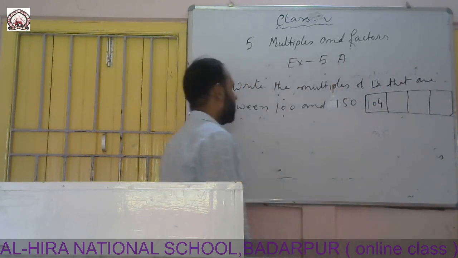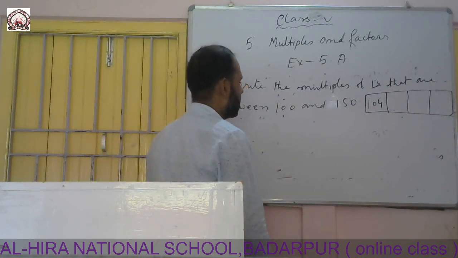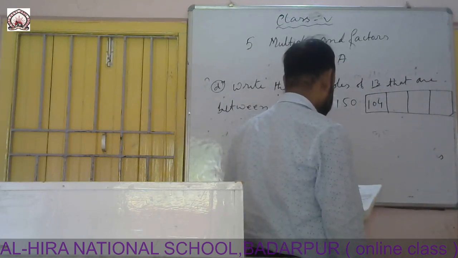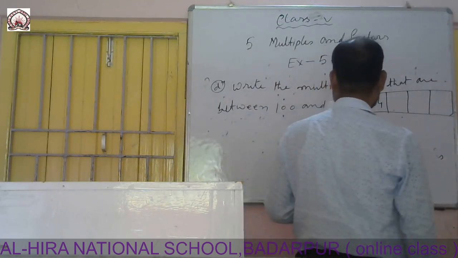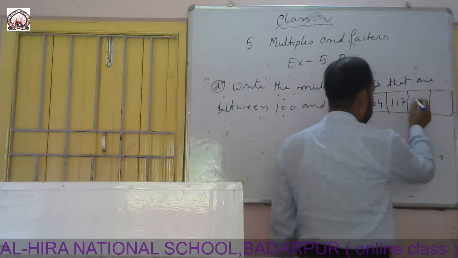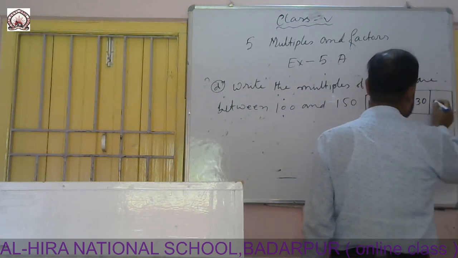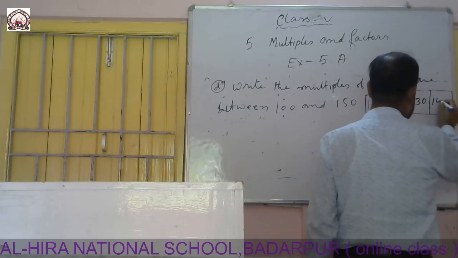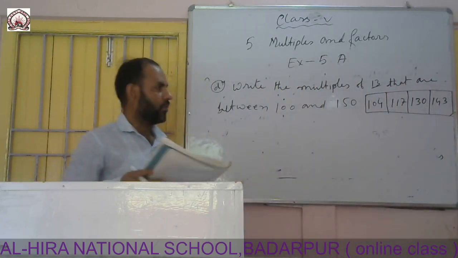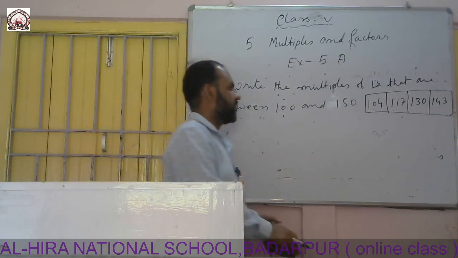So the 8th multiple of 13 is 104. 13 nines are 117, 13 tens are 130 and 13 elevens are 143. Here: 104, 117, 130 and 143.